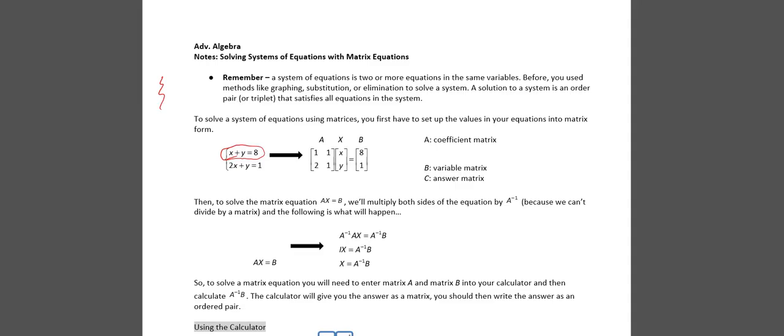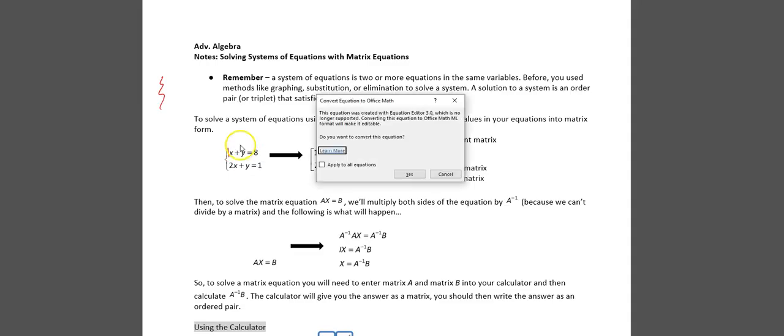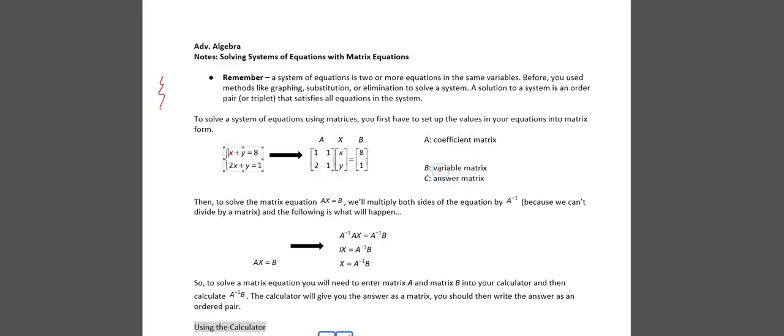We write this as 1x, then 1y, equals 8. That's why you see a 1 here and a 1 here. That's 1x, that's 1y. And then we write our coefficients, 2x and 1y, in its own row.